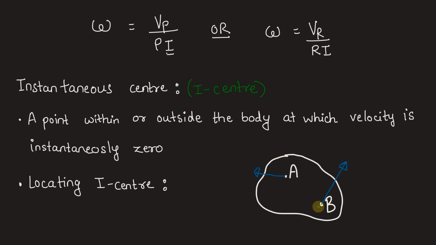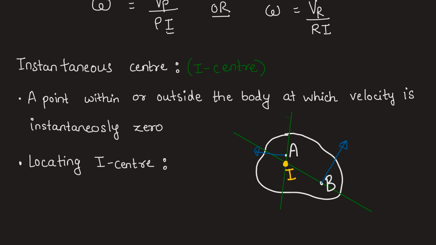Due to the direction of velocities at different points, it will rotate about this instantaneous center at this instant. So if we draw perpendicular lines to the velocities at A and B, we can locate the instantaneous center. In this case, we have drawn the perpendiculars to the velocity vectors. The point where they intersect is the I center, or the instantaneous center.